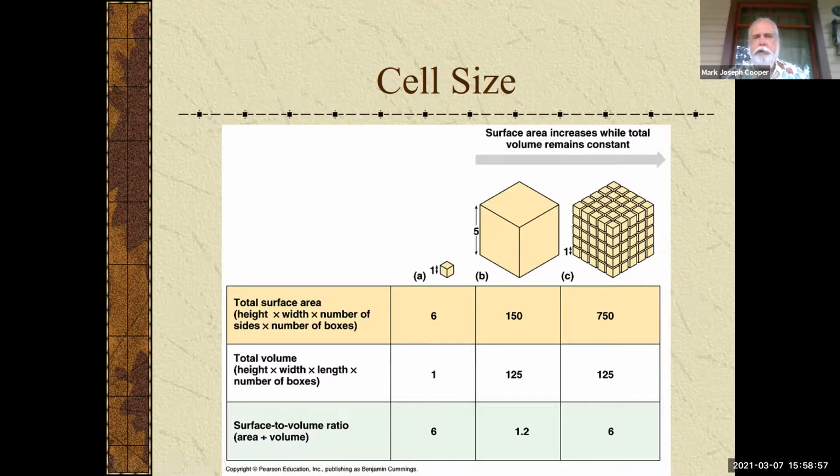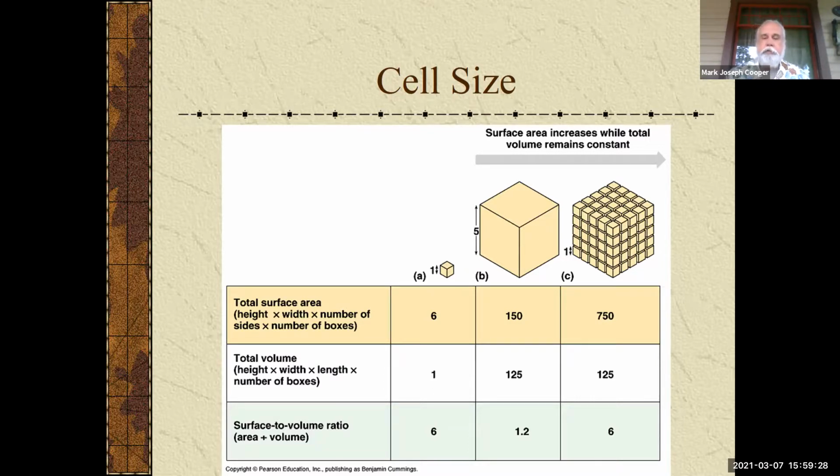Now, how you get around that is here you've got something that looks about the same size, but this one is broken up into a lot of little tiny boxes. So you can set up gradients between these and have fluids and solutes move, and you can get the ratio back down to 6. So that's why we limit the size of cells, at least how large they can get.